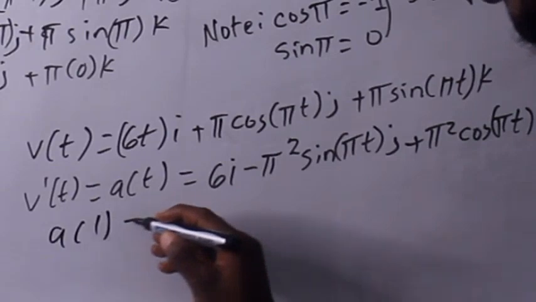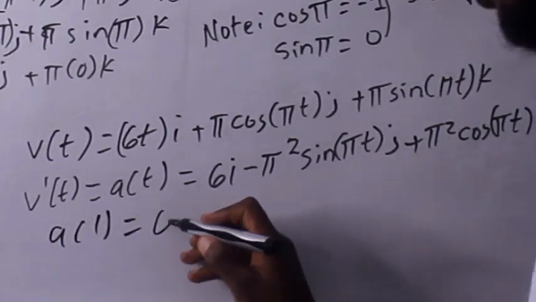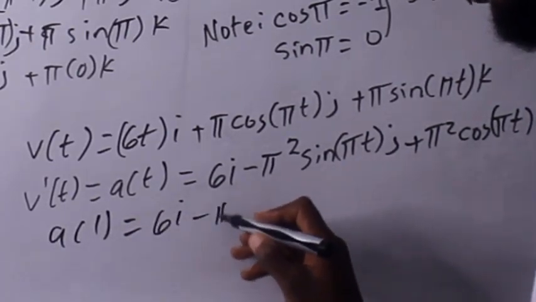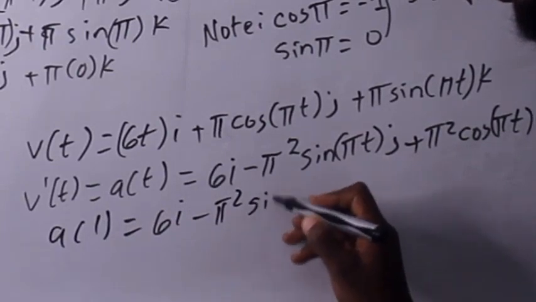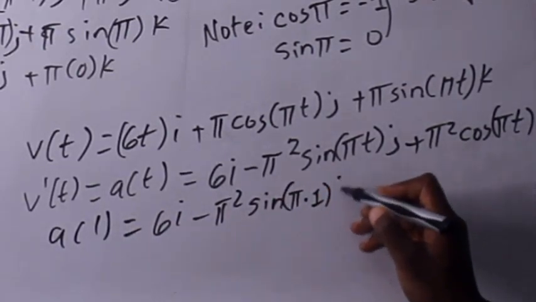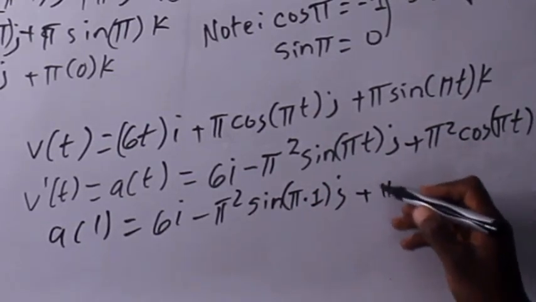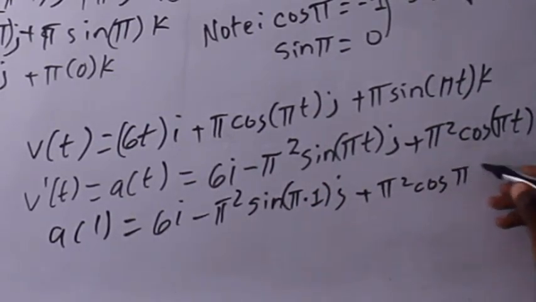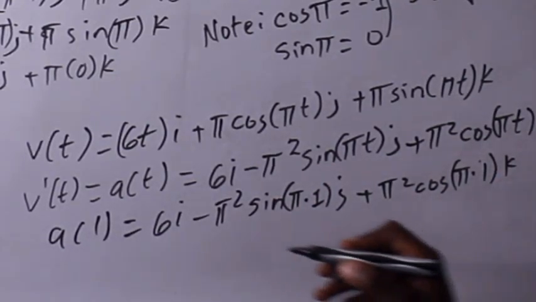So a of 1 is equal to 6i minus pi squared sine of pi times 1 j plus pi squared cos of pi times 1 k. Good.